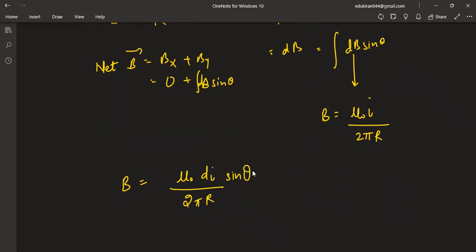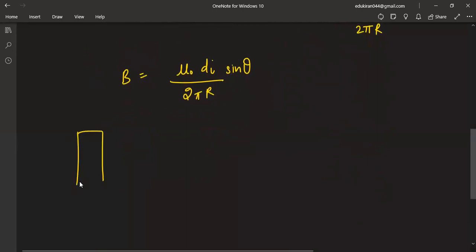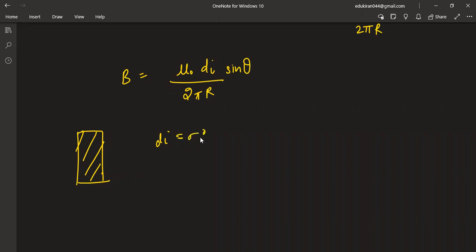Suppose what will be the current? If you take a very, very small portion, current will be exactly whatever is the surface current density present multiplied by the area that it is holding.